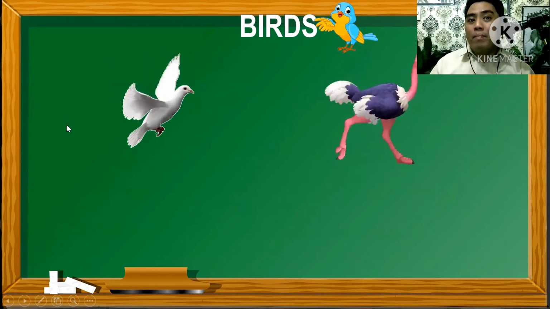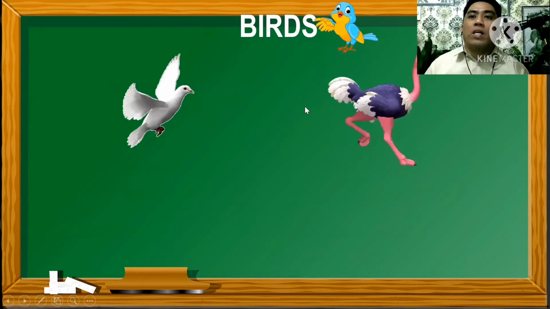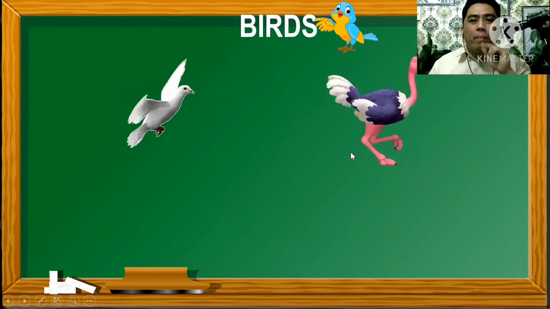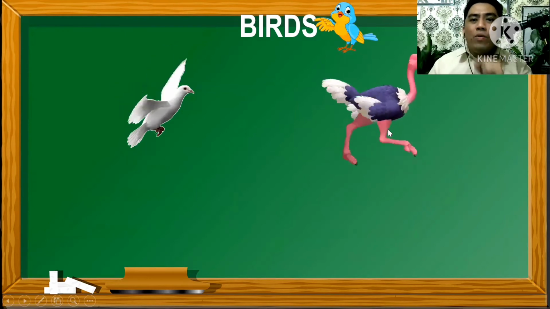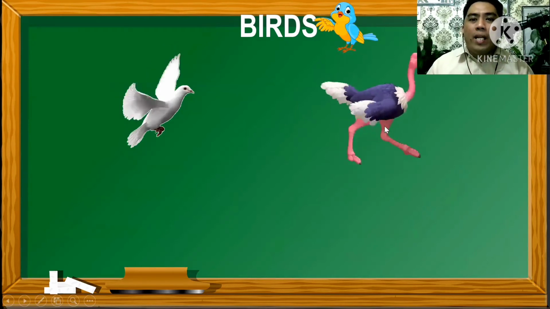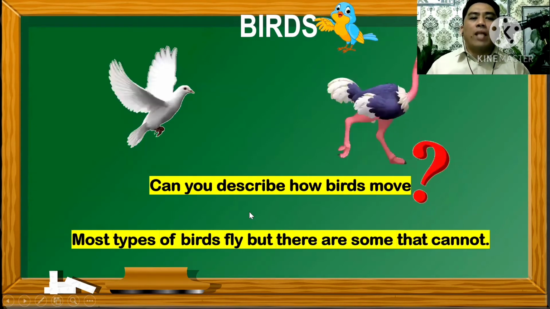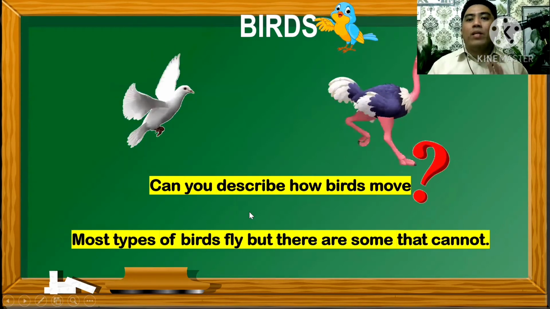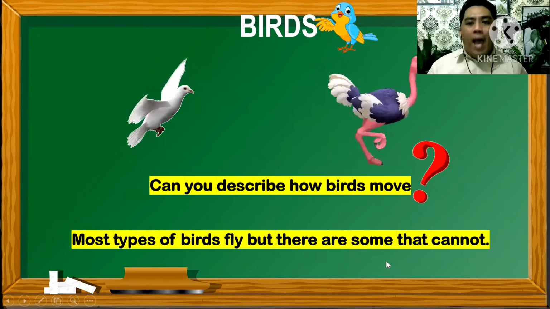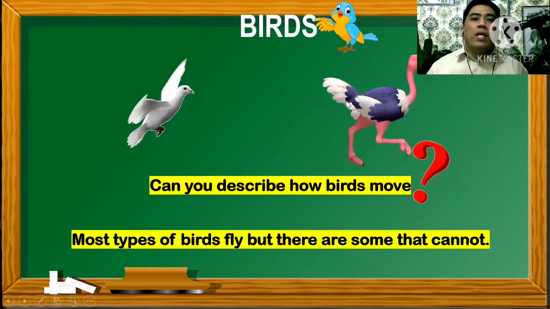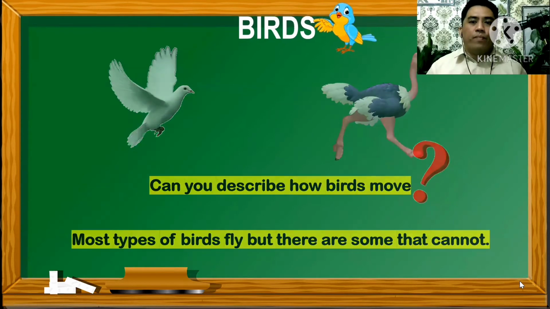The dove can fly while the ostrich cannot fly. But remember, kahit hindi yan nakakalipad, tatalunin ka naman yan sa pabilisan ng pagtakbo. Okay, so most of the types of birds fly, but there are some that cannot fly. And one good example of a flightless bird is the ostrich.